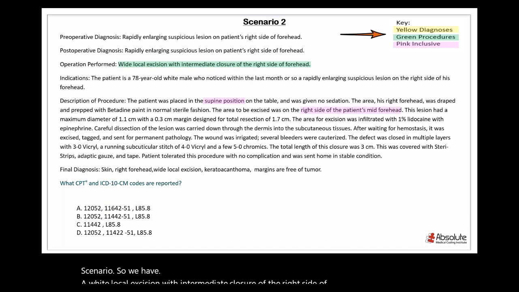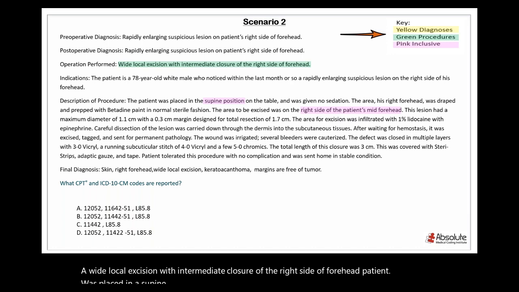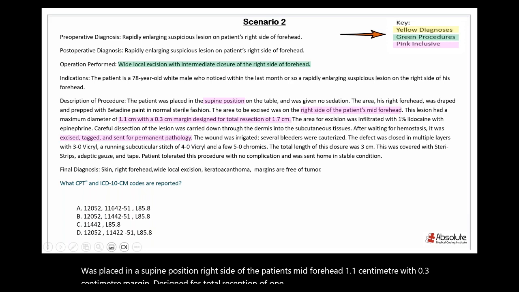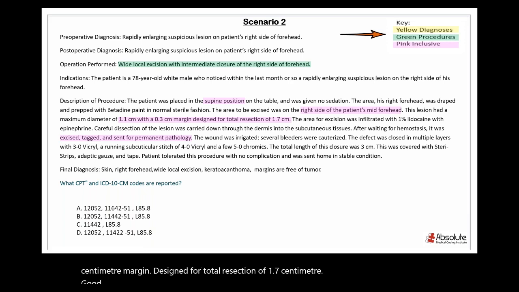Patient was placed in a supine position, right side of the patient's mid forehead, 1.1 centimeter with 0.3 centimeter margin, designed for total resection of 1.7 centimeter. Good. And excised, tagged, and sent for permanent pathology.